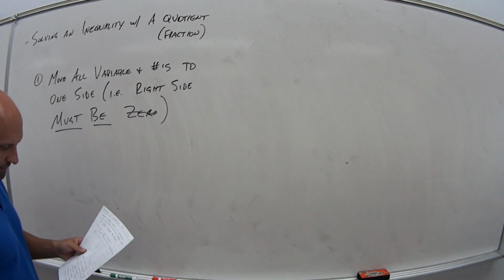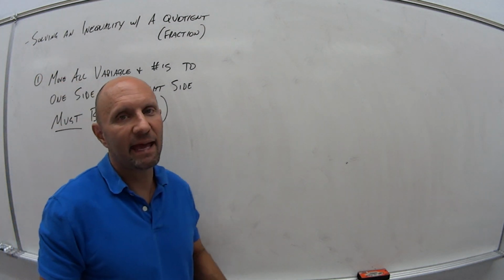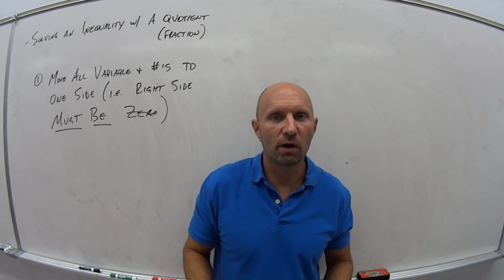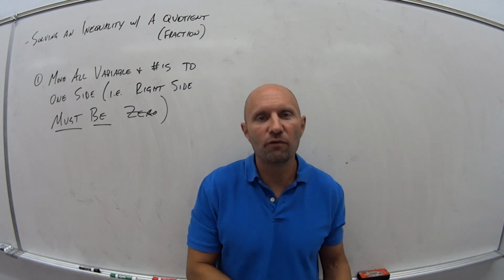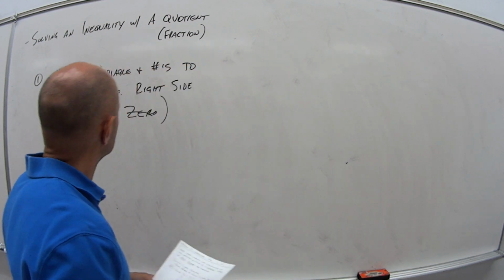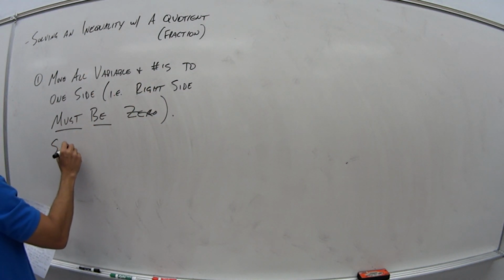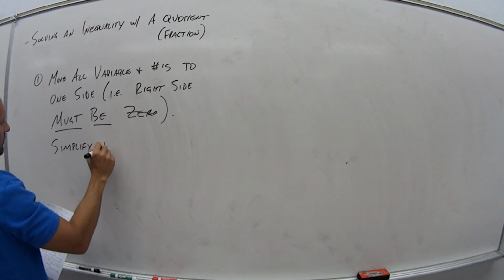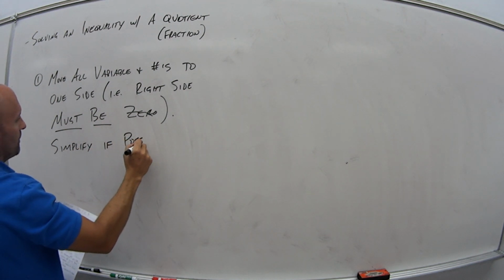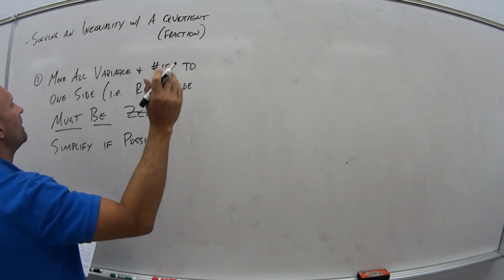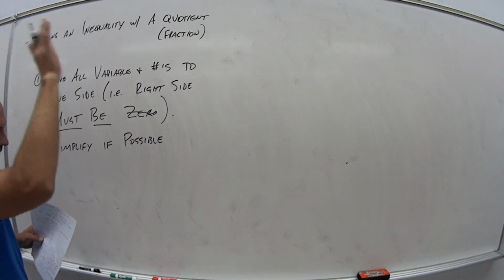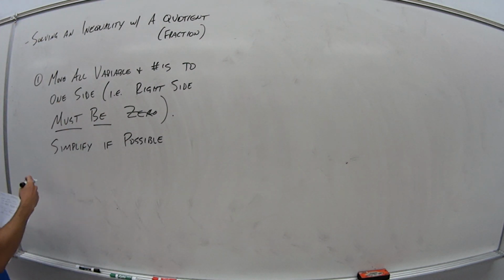If it is not, you cannot start this problem. You have to move everything first. Once you do that, simplify if possible. But the main thing is to get everything over to the left side, 0 on the right. You're just going to be adding or subtracting everything off.